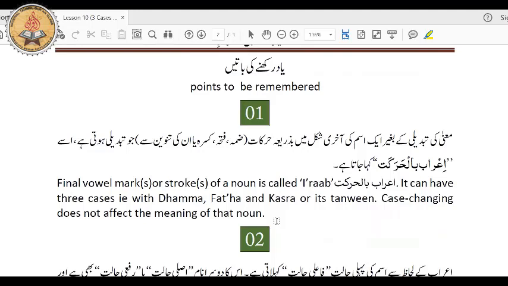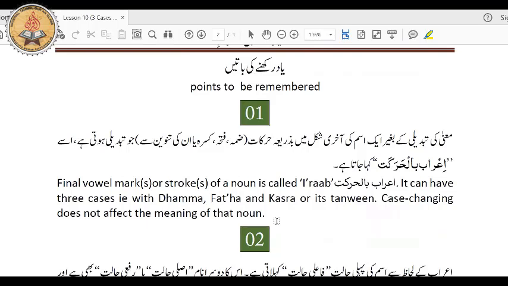If I say just i'rab, and your concept is clear, you will quickly recognize what I'm talking about. I don't have to repeat a long sentence to tell you to look at the last letter and the harakat on it. That is the terminology.